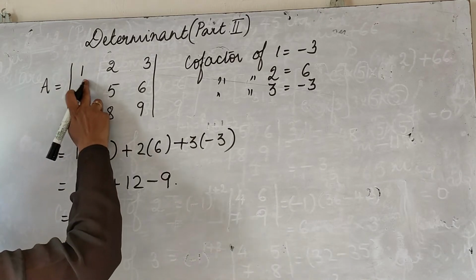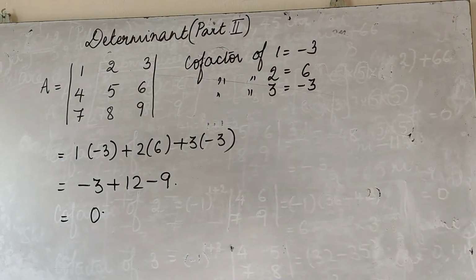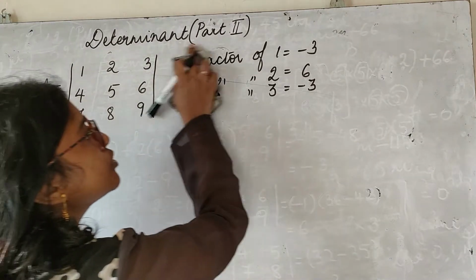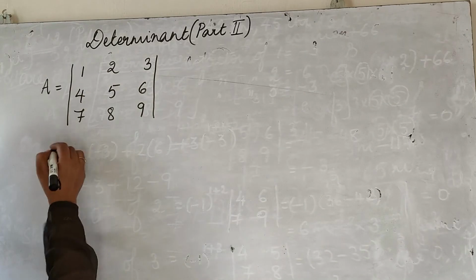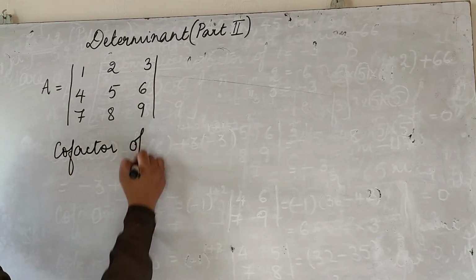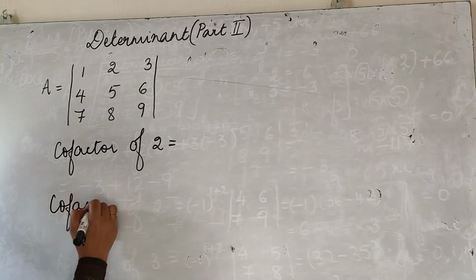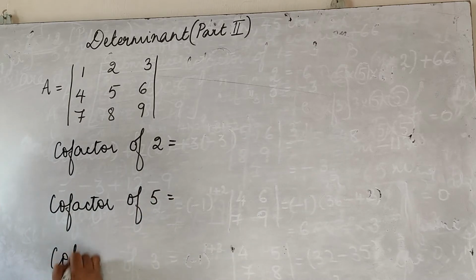Now, we have done this with the first row. Instead of using the first row, we can use any other row or column. Let's take up column 2. If I am going to consider column 2, we have to find the cofactors of the elements of the second column. So cofactor of 2, then we will find cofactor of 5 and cofactor of 8.